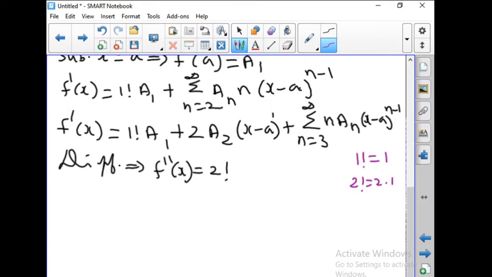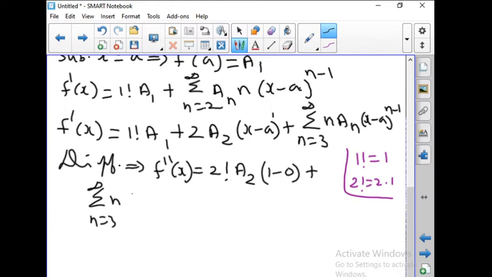அப்போ 2 என்னன்னு எழுதுறோம்? 2 factorial னு எழுதி இருக்கிறோம். Okay. So 2 factorial into a2. Is it clear? So we are differentiating 1 minus 0 plus sigma n is equal to 3 to infinity n into n minus 1 into an into x minus a the whole power n minus 2 வந்துரும்.